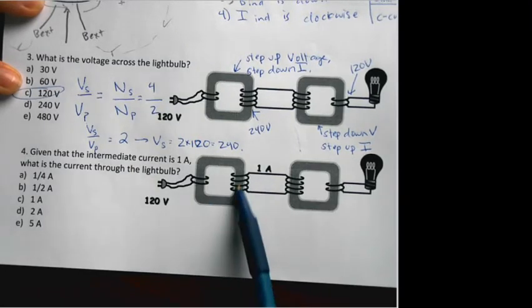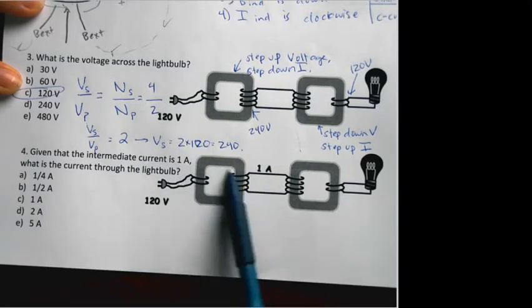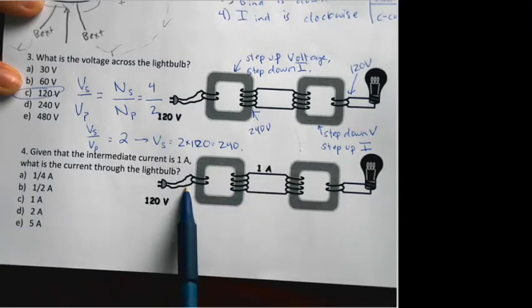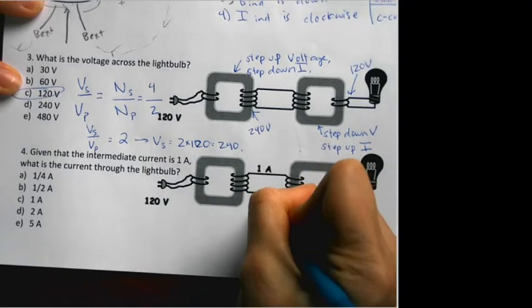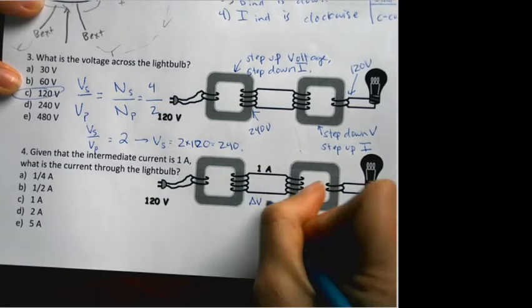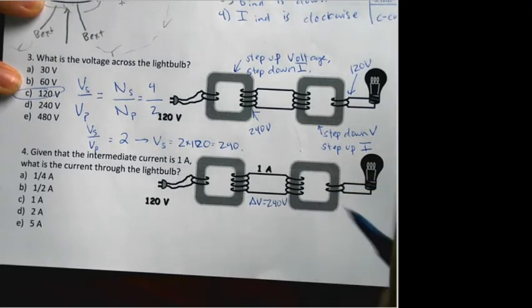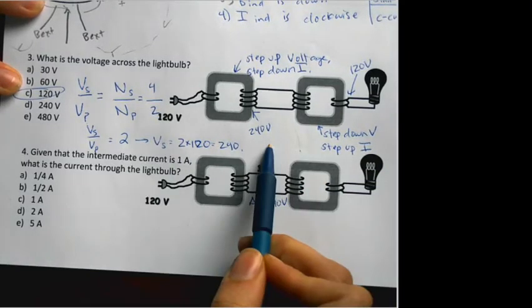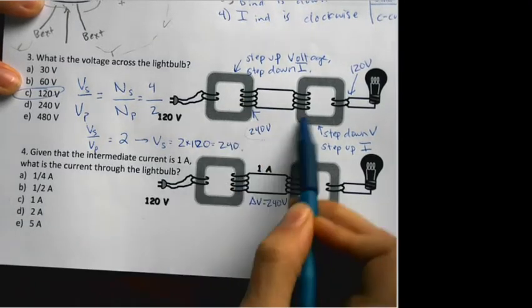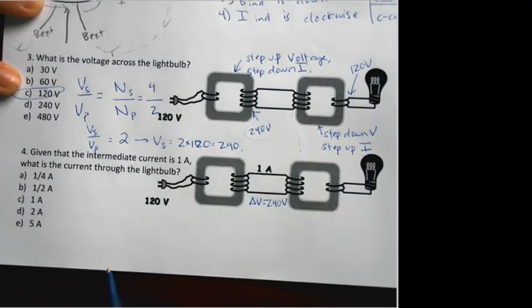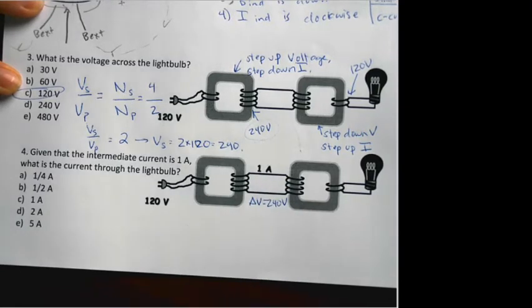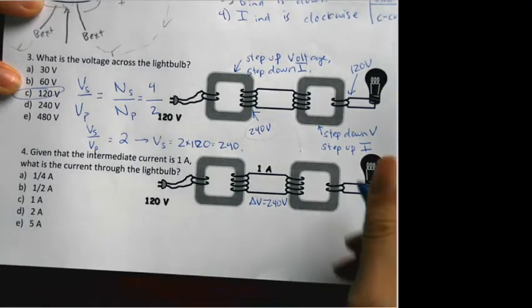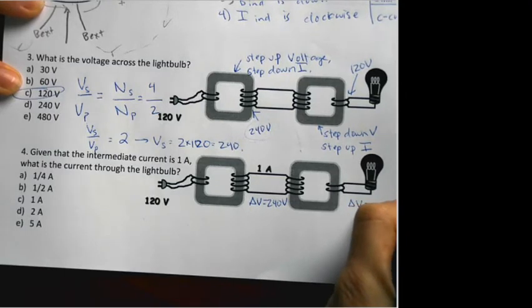We do need the rest, because the delta V across this loop is 240 volts, which we figured out in the previous problem. So we have 1 amp of current and 240 volts, and then delta V on this is 120 volts.